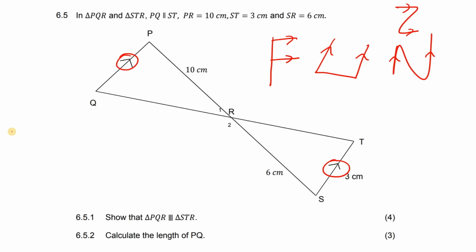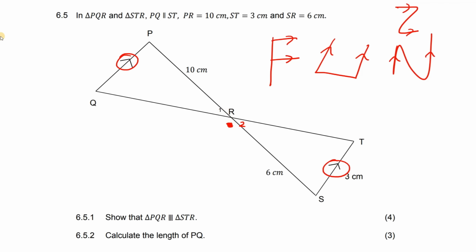Remember I said there were two things here. I said that we could either use angles or sides. And when I said angles, I said all of the corresponding angles must be the same. So let's see if we can make the angles the same. For example, this angle is meant to be R2 over here. We know that these two angles have to be the same, this one and this one, because of vertically opposite angles.